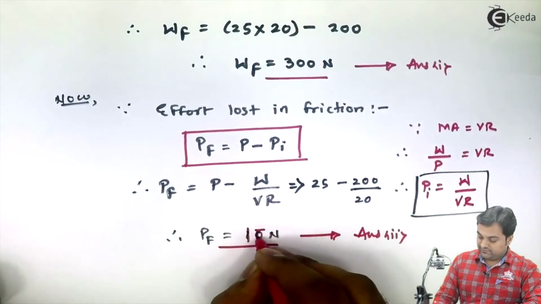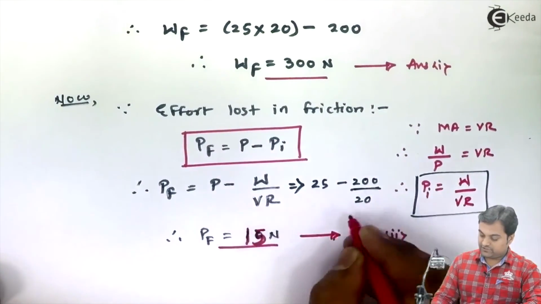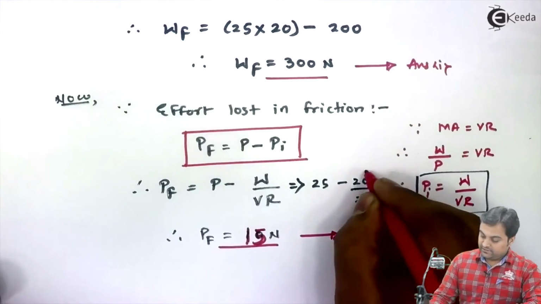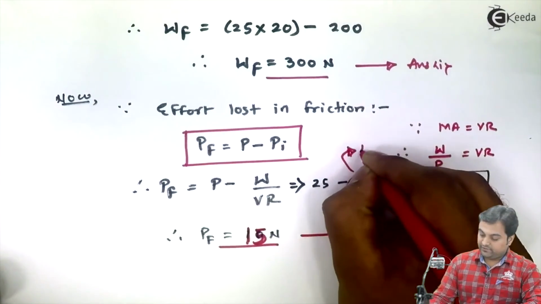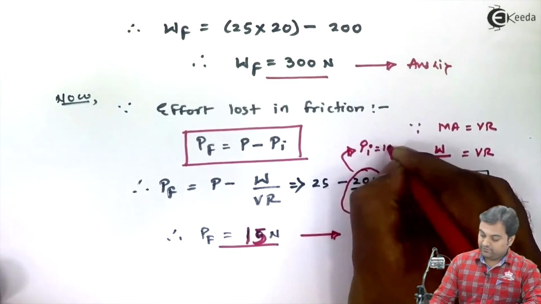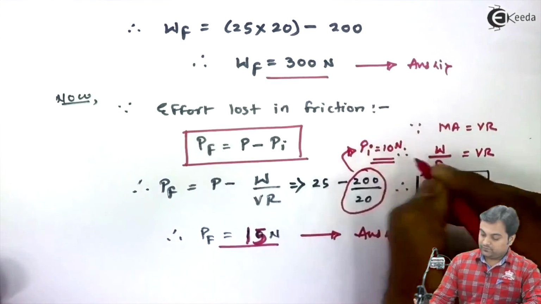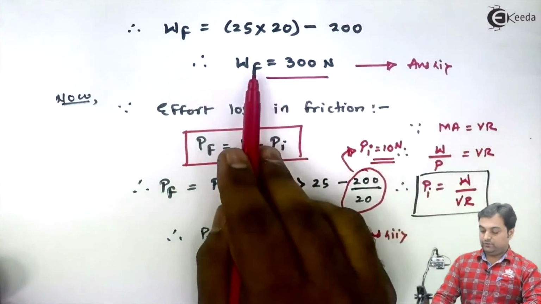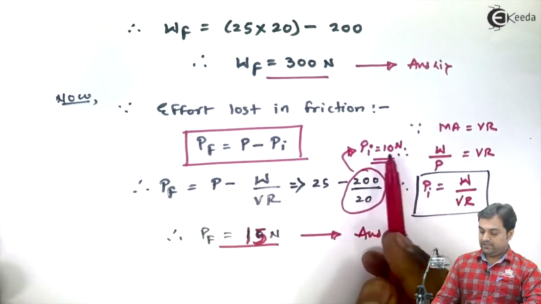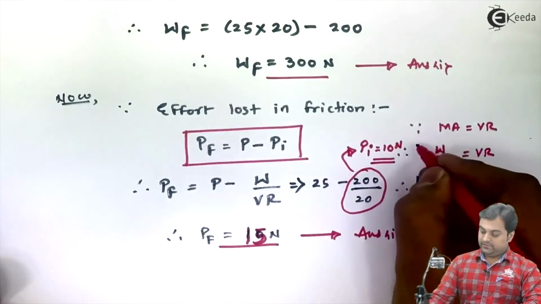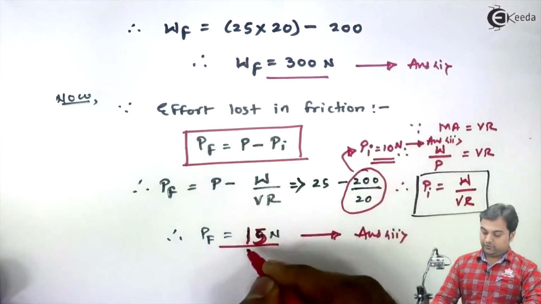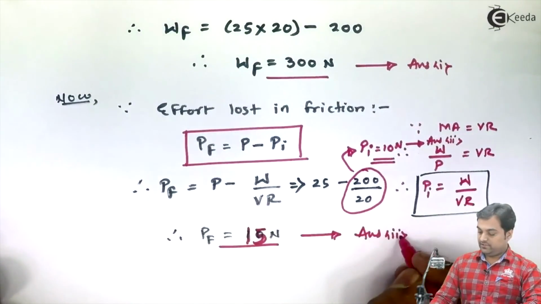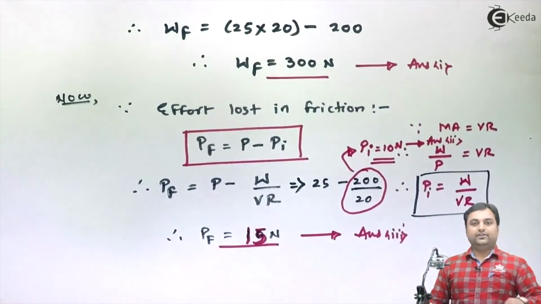So my answer is 15 Newton of effort lost in friction, and 200 divided by 20 is nothing but ideal effort, and ideal effort is equal to 10 Newton. So I have calculated both the values. Load lost in friction is 300 Newton. Ideal effort is 10 Newton. This is my second answer. And I have also found out effort lost in friction, my third answer. With this, we complete the problem.